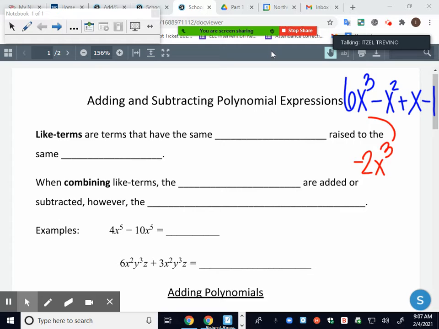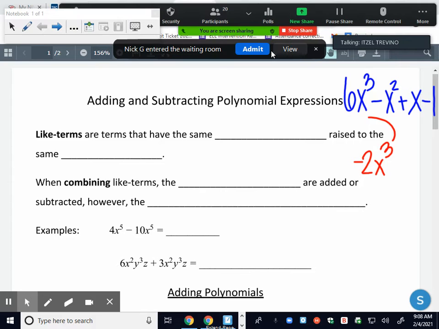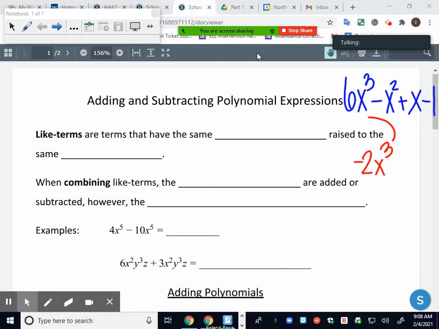They're like terms because they have the same variable and they have the same exponent, okay? So like terms have the same variable.